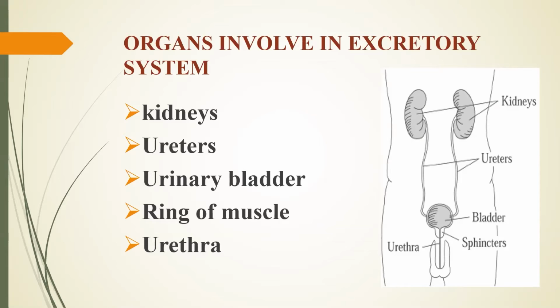They mutually make a ring around the bladder that is called the ring of muscle, and 1 urethra. Now one by one we will discuss their size, location, and function, that is, what functions and roles they are responsible to perform in the human excretory system.